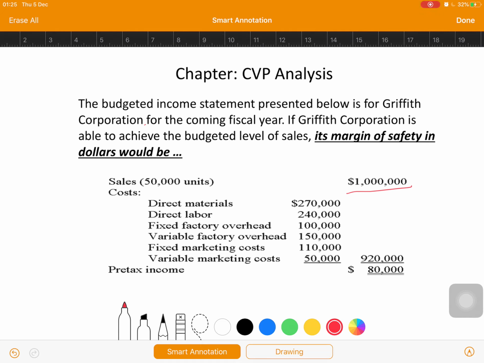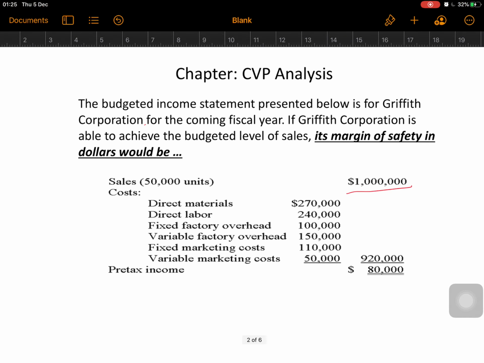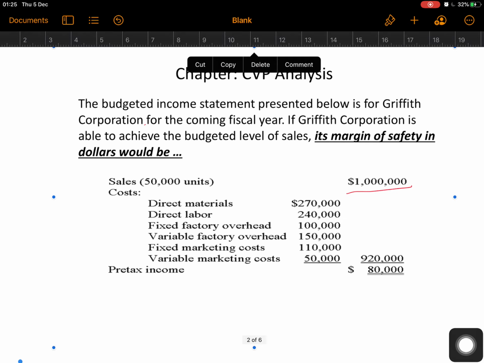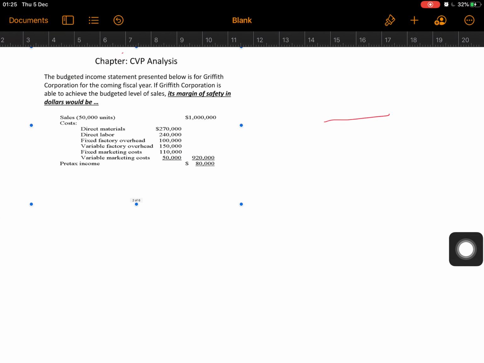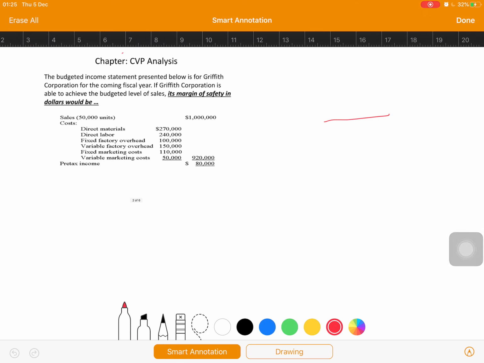As you might remember, margin of safety means the difference between the budgeted sales and break-even sales.